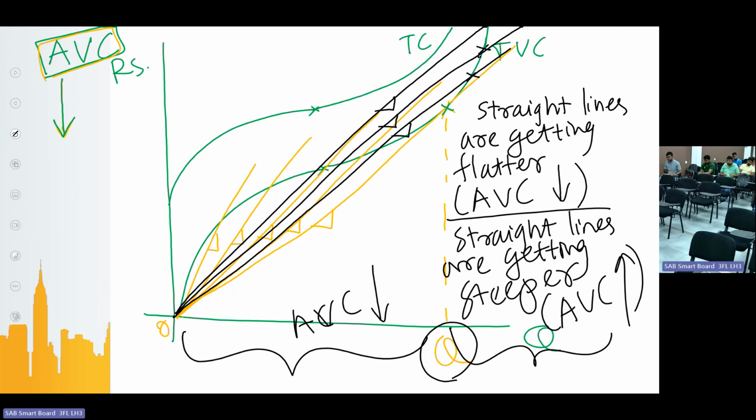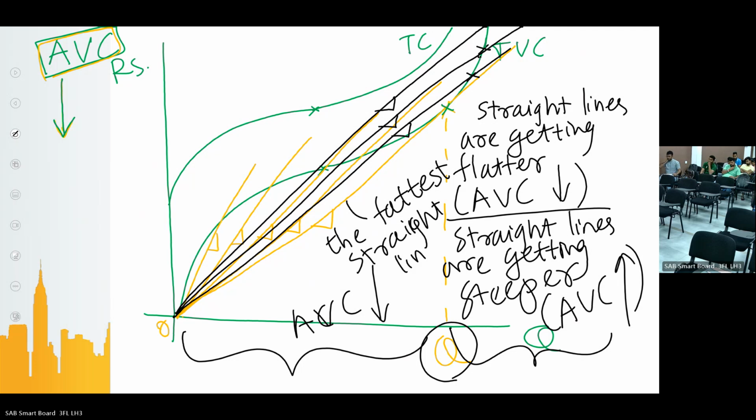So this is the flattest straight line that we can draw to any point on the TVC curve.